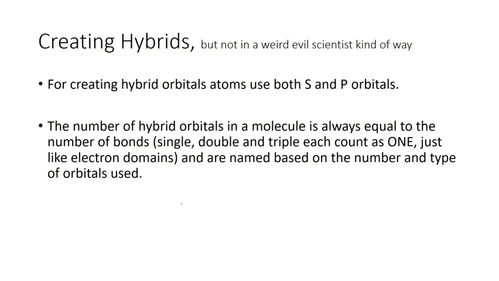So like in the case of HCN, hydrocyanic acid, we have our H, our C, and our N. And then again, if we look at the hybridization on carbon, we have the same number of orbitals again.